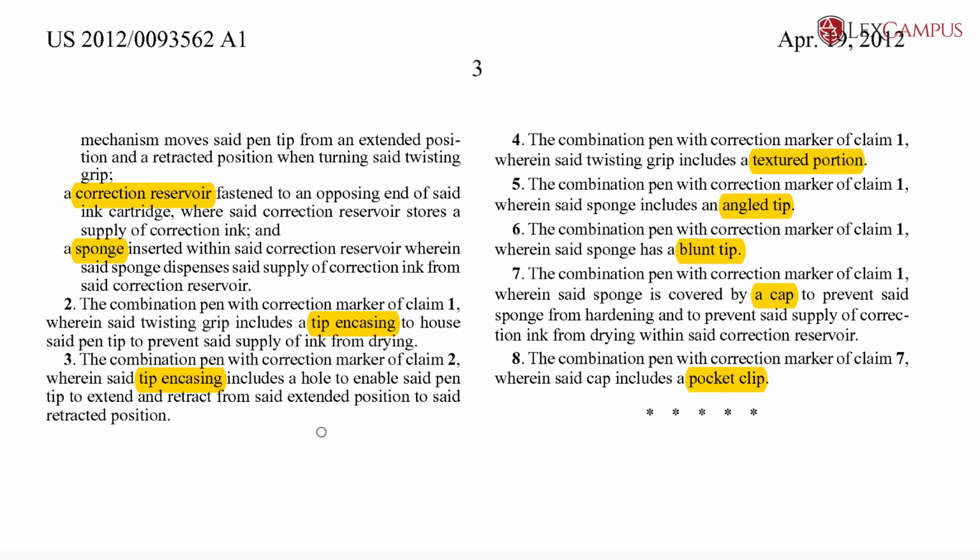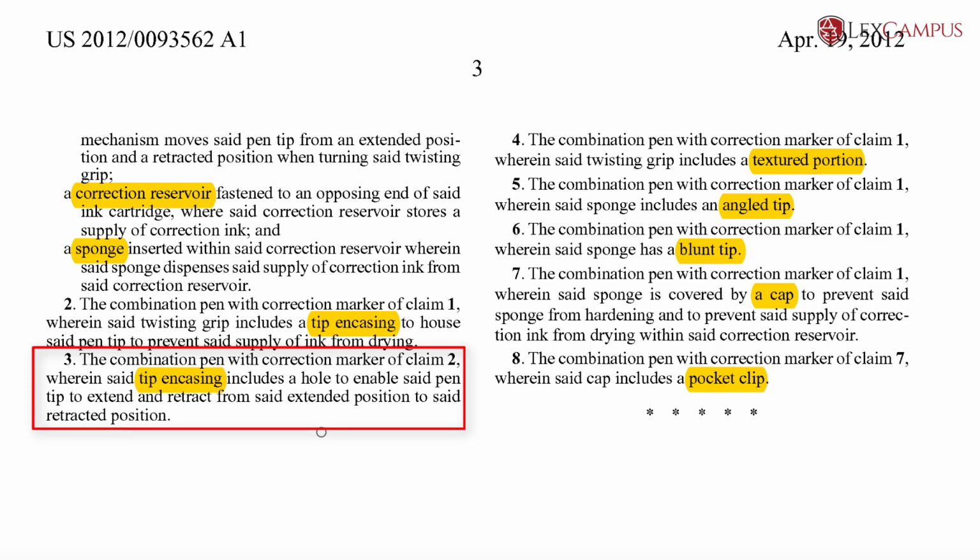Now let's look at dependent claim 3. The combination pen with correction marker of claim 2. So claim 3 is dependent on claim 2, which in turn is dependent on claim 1. So this is a dependent claim with single dependency. The dependency here is claim 2, but it is indirectly dependent on claim 1.